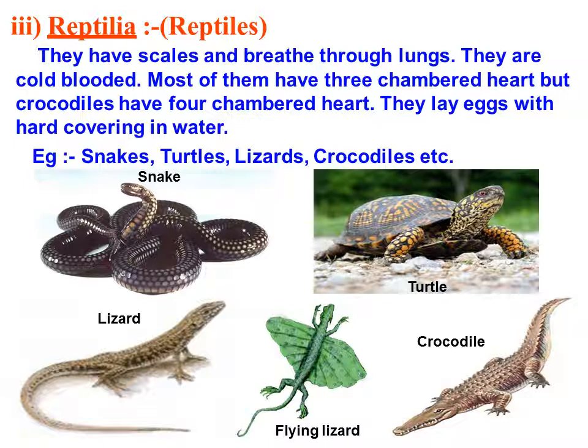They are not found because during winters they go on hibernation. Most of them have a three-chambered heart, same as that of amphibians. But crocodiles have a four-chambered heart. They lay eggs with covering in water. So they lay eggs, but the coverings are harder.